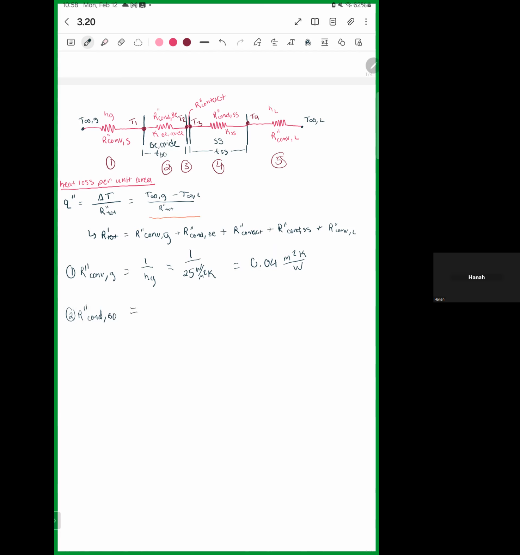And we know that this equation is L over K, and that's equal to T, the thickness of the beryllium oxide, which I have highlighted up here, over the conduction coefficient of the beryllium oxide.